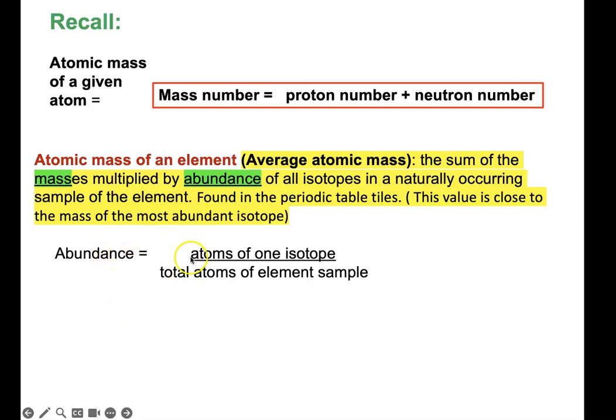Abundance is calculated by dividing the number of atoms of one isotope by the total atoms of all isotopes in that sample. This value, the average atomic mass, is close to the mass of the most abundant isotope, as you will see in the next slide.